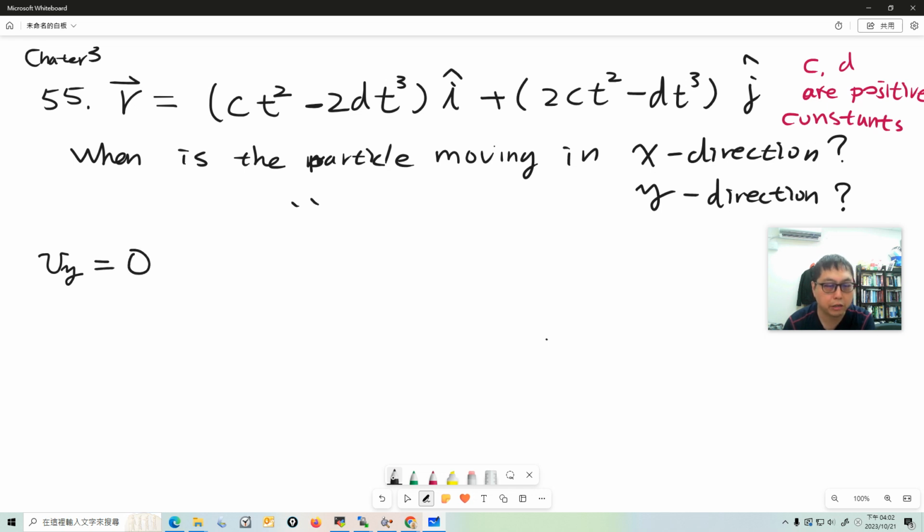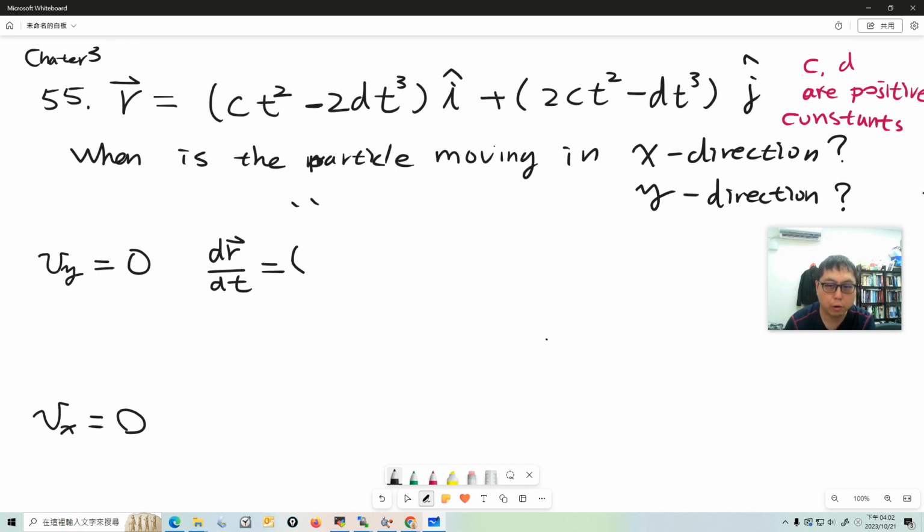And if it's moving in the y direction, that means the x component of velocity is 0. The problem gives a position vector, so how do we get the velocity vector from it? You just take the derivative as a function of time, and we did this before.